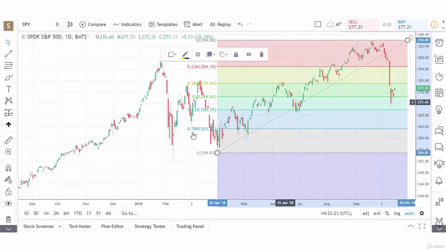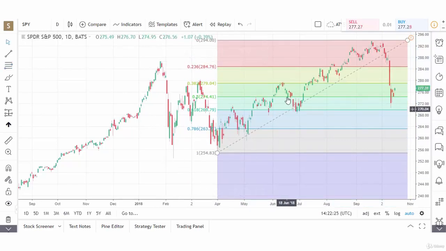Click there, and it locks our Fibonacci lines in place. And as we can see, the S&P was in a strong uptrend, and as it fell back almost to the 0.618 line, which is here. This is the 50% line, and this is the 0.618. So the S&P retraced to the 61.8% level where it bounced and found support. So you'd be looking to purchase the S&P 500 at this 0.618 level.